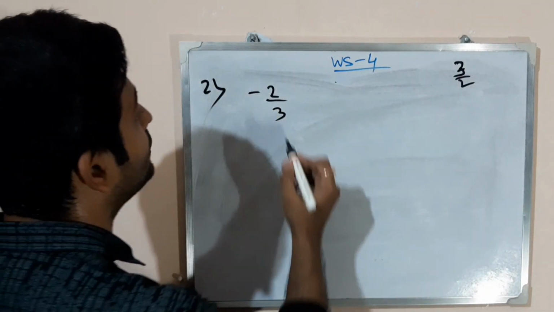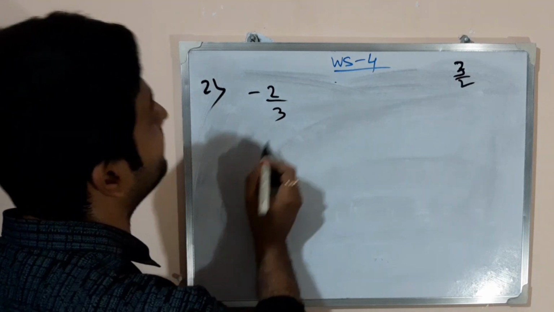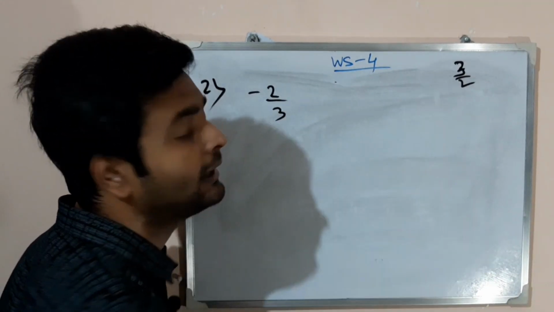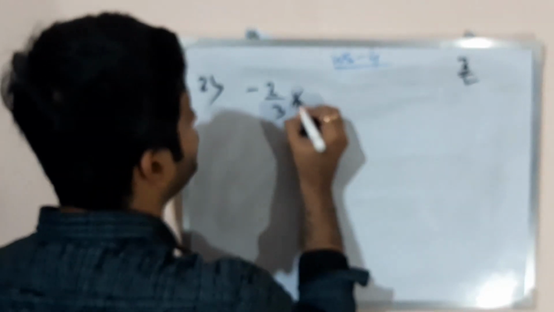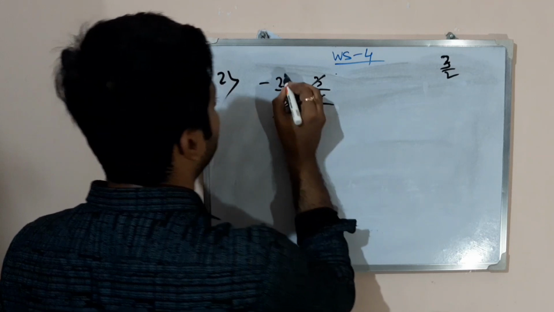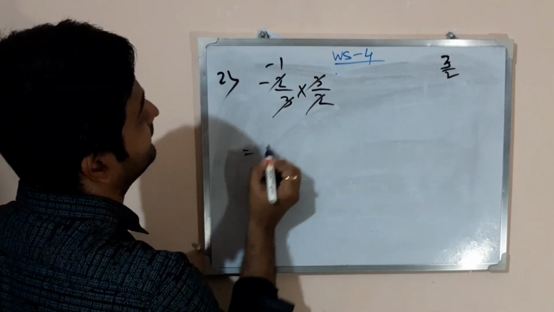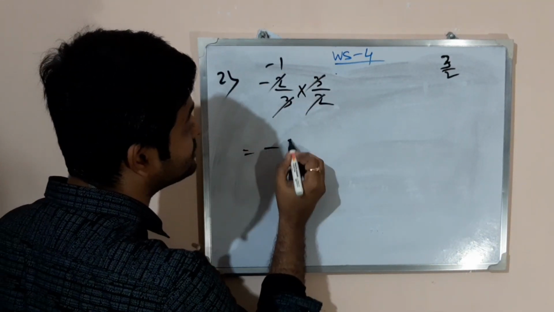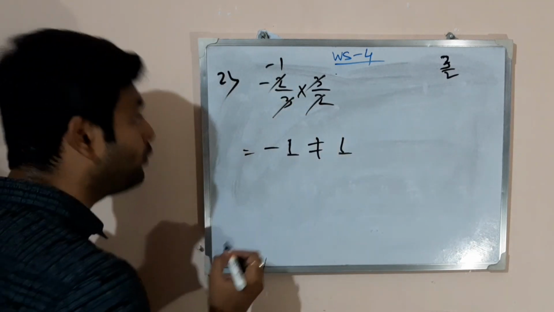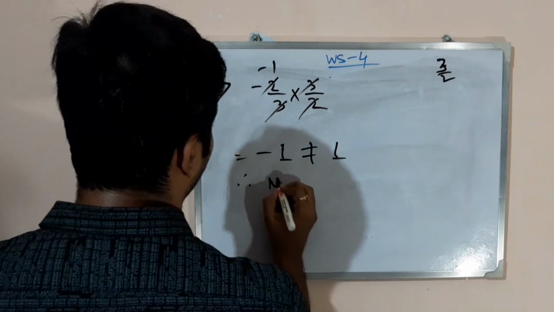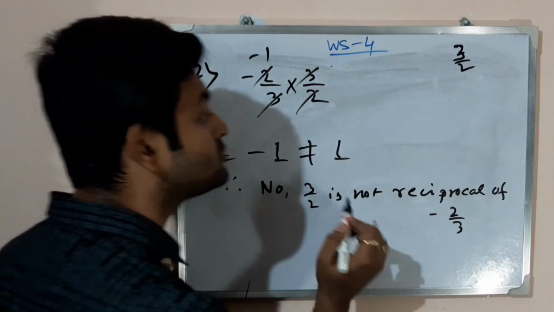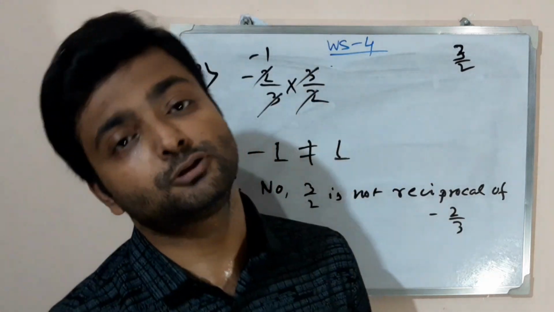So let us check: this is the number, and the reciprocal given is 3 by 2. Just multiply them. 3 cancels, 2 also cancels, but plus times minus gives minus 1, which does not equal 1. Therefore no, 3 by 2 is not a reciprocal of minus 2 by 3.